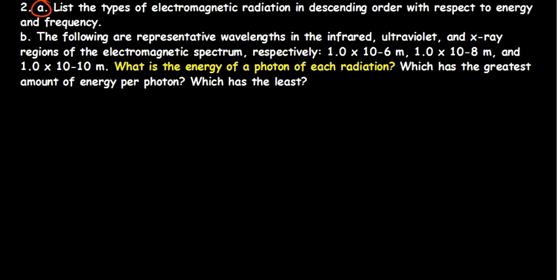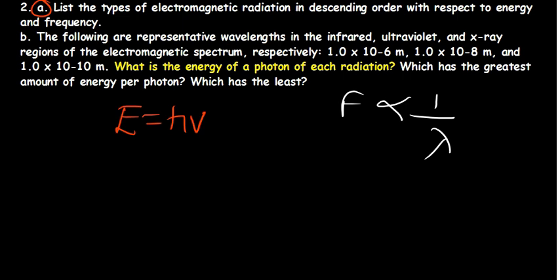I need to mention the formula that is going to be very useful under the study of atomic structure. One of them is this one, which is of course Planck's. The V in this formula represents frequency, and frequency is inversely proportional to the wavelength, which means that if the frequency is higher, the wavelength is lower.